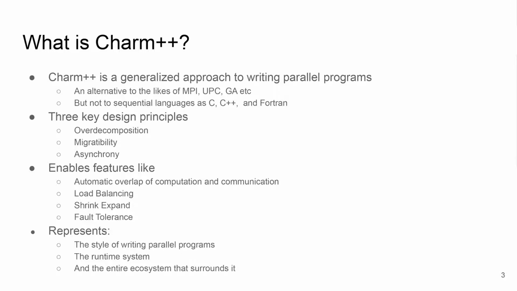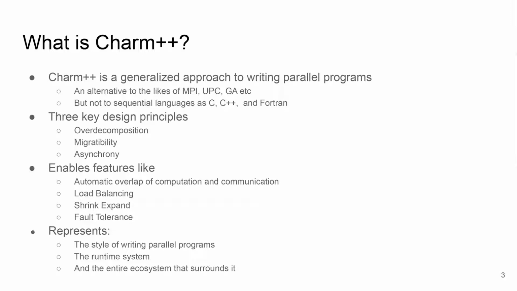The second central idea is migratability, that each of these entities can be migrated from one processor to another processor during runtime. So what this basically means for the application programmer is that the entire application logic is written in the form of logical indexes rather than the physical processor.